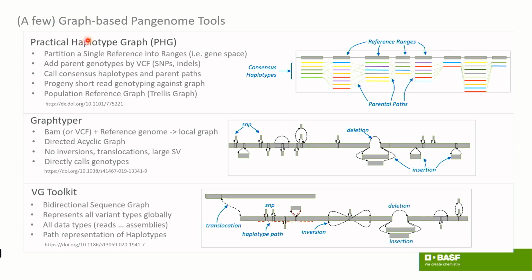this is a tool that's being developed out of Cornell University and Ed Buckler's group. It's been designed for predictive breeding, an emphasis on the word practical, and the title of the tool refers primarily to simplification of the complexity.